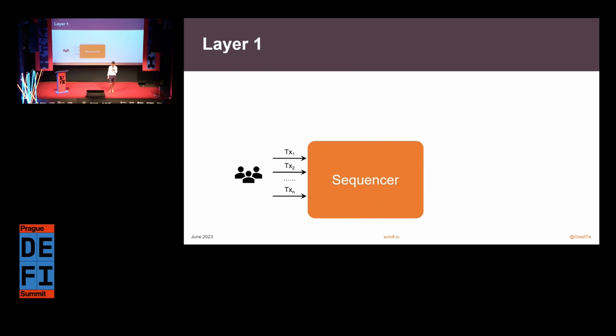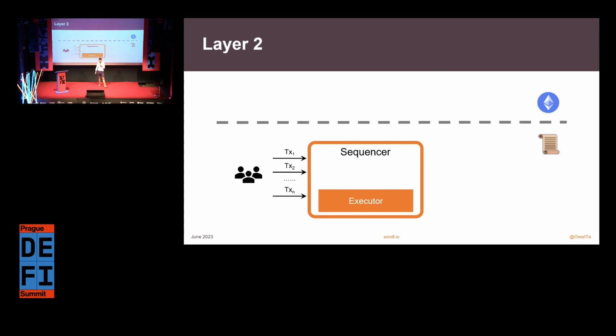In the layer 1, the sequencer is a module that takes transactions as input and executes them. And when we think about layer 2 and how layer 2 and layer 1 interact, how the rollup process works, is that we have de facto a copy of the geth that people are using on the layer 1 that executes transactions from users sent on the layer 2.